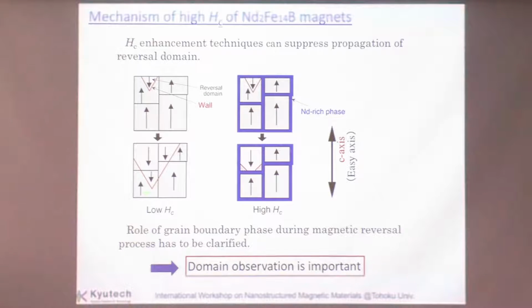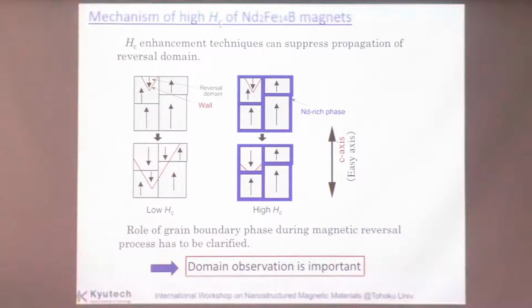If the grain boundary phase is not so good, firstly the reversal domain nucleates, and then grows and propagates to the neighboring grains beyond the grain boundary, like this figure. In this case, propagation of the reversal domain easily occurs, and the coercivity is very small.